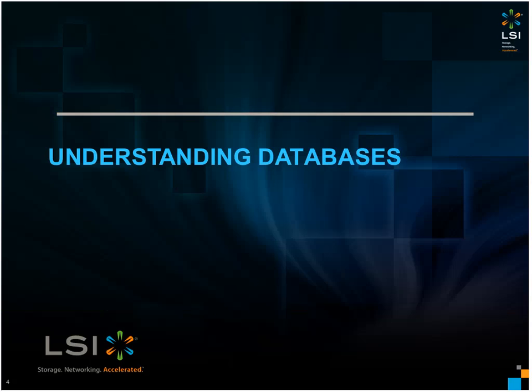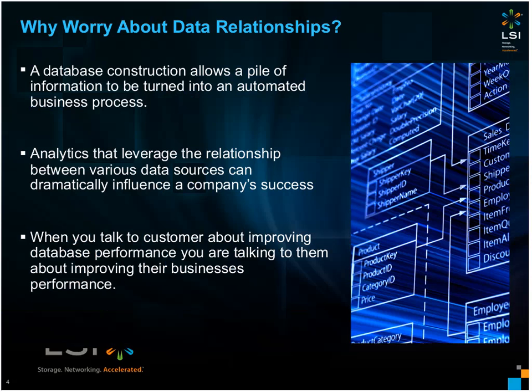Let's step back and understand databases. Why worry about data relationships? Well, a database is really a construction of pointers and data all combined together to be turned into information through automated processes. The analytics part of that is how you gain competitive advantages. So you'll learn about the relationship between the various data sources. Think buying something from Amazon, and it can dramatically influence a company's success.